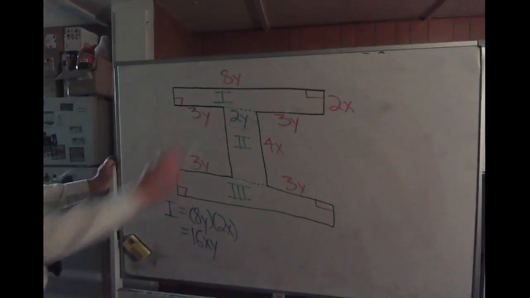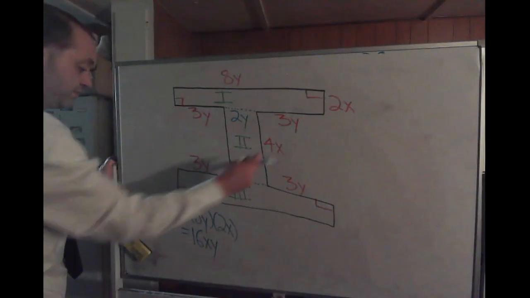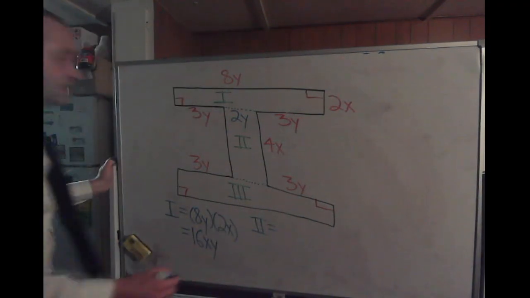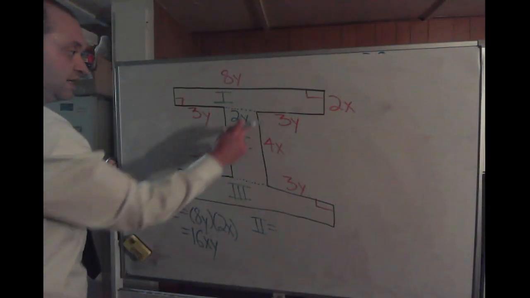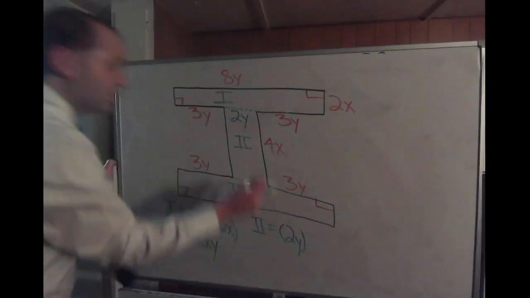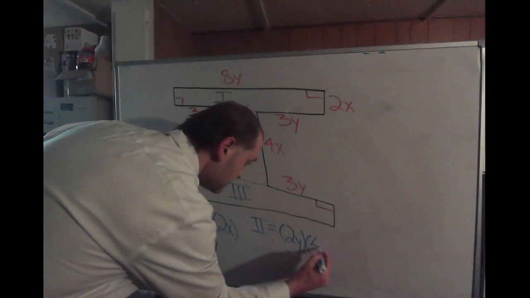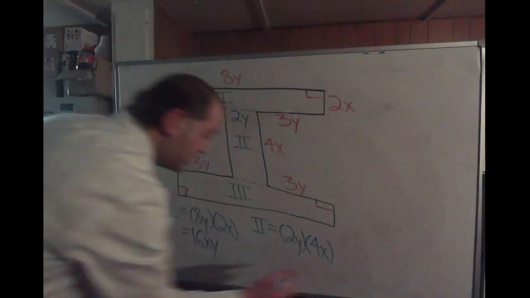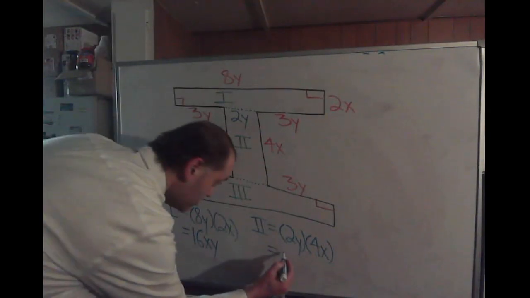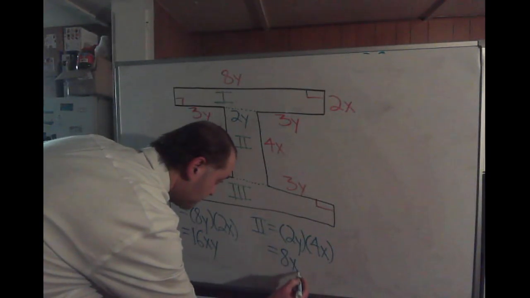We have 2y there now, times 4x. So the area of region 2 is equal to the length of your base, which would be 2y, times the length of your height, which would be 4x, which gives you then that the area of region 2 is going to be 8xy.